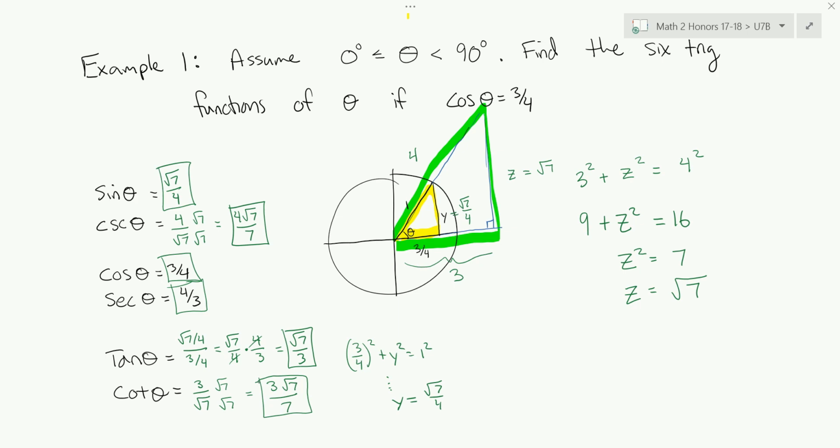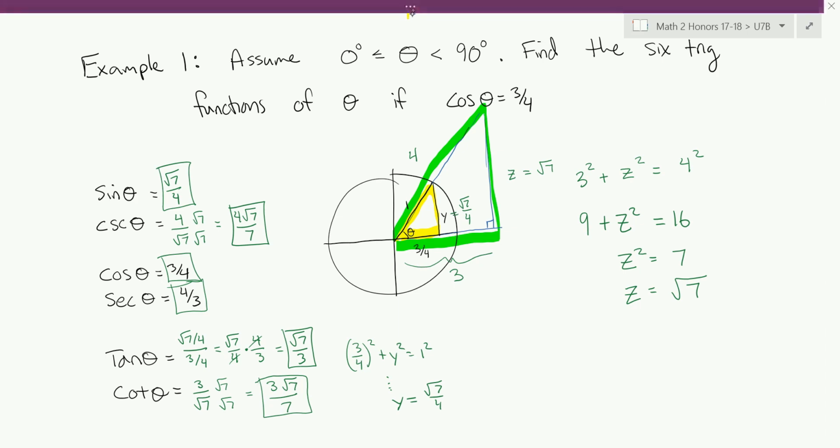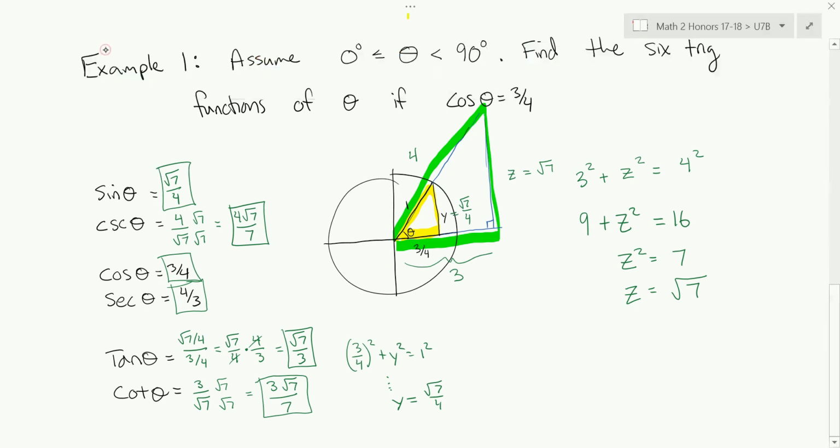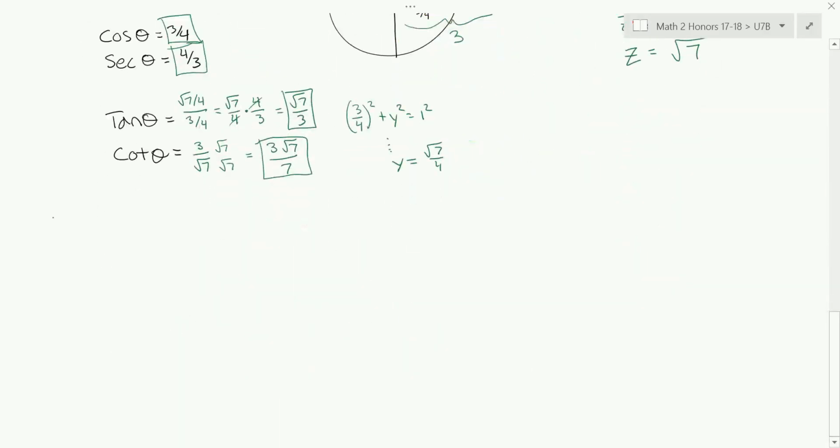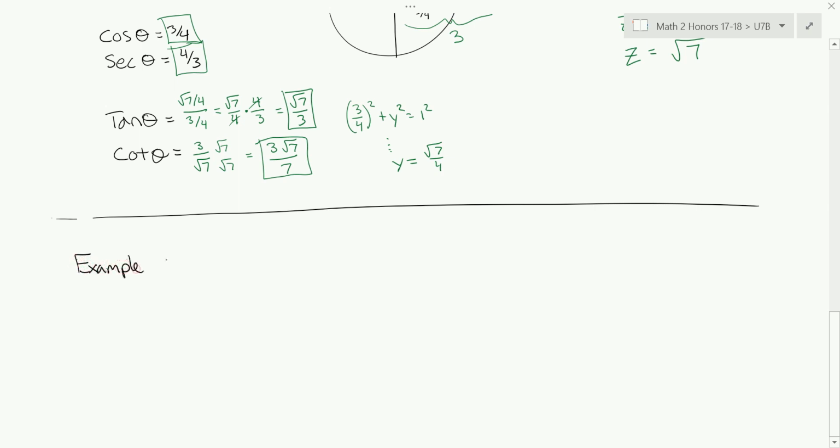So let's try this again. Example 2. This time, I'm going to tell you what the cotangent is.